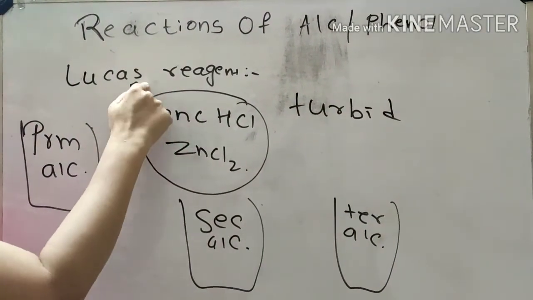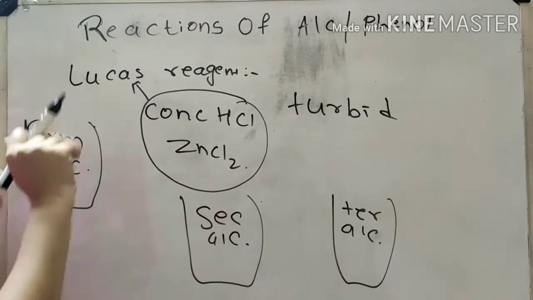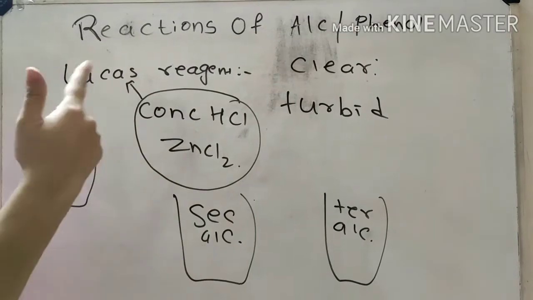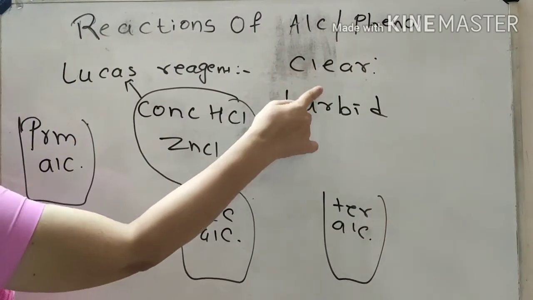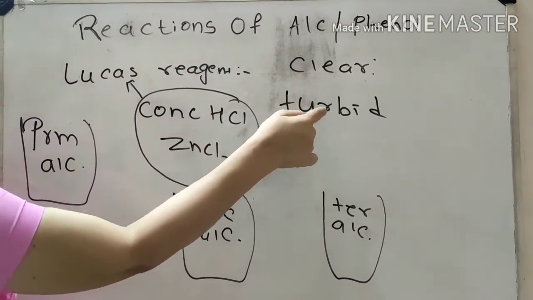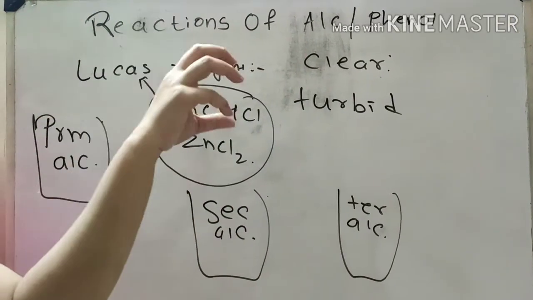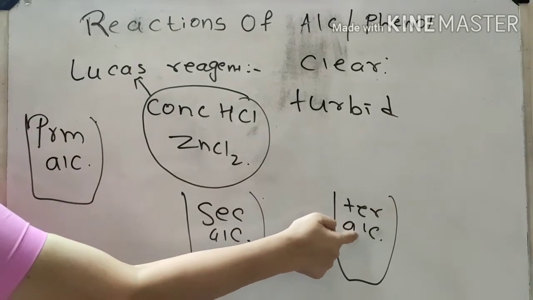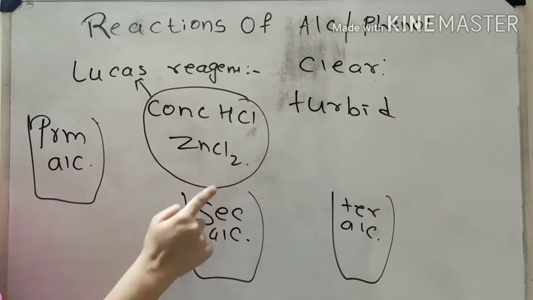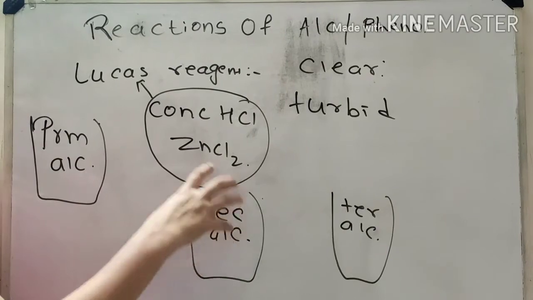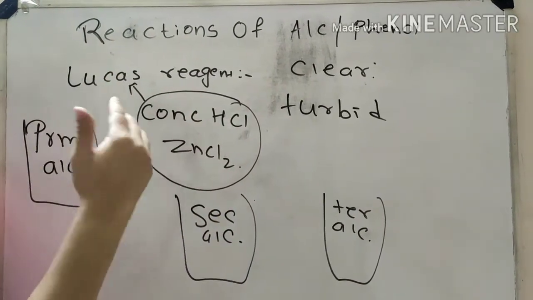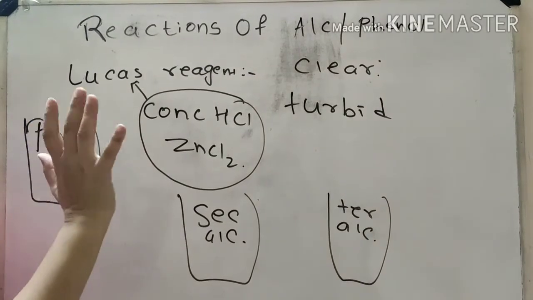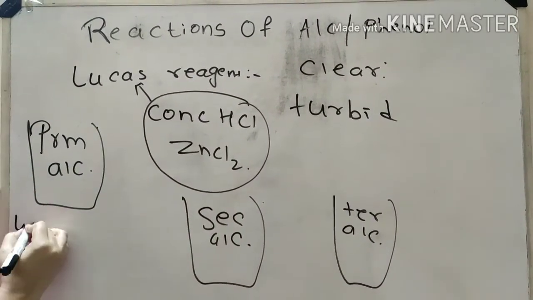First, when the Lucas reagent is added to the alcohol, the solution is clear. But after some time when the reaction starts and product forms, the solution turns turbid. This turbidity we can see immediately, instantly in case of the tertiary alcohol. In case of the secondary alcohol, the reaction takes place very slowly. But in case of the primary alcohol, we cannot see the turbid solution without heating.